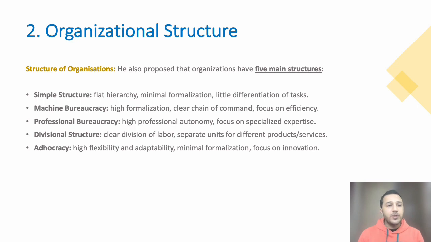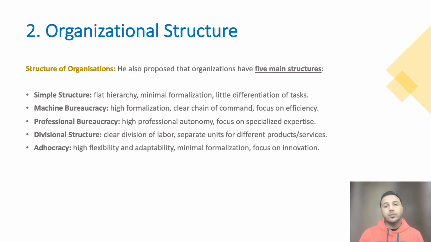Then we have professional bureaucracy, in which we rely on the professionals, be it doctors, lawyers, accountants, auditors, programmers, architects. So these are the organizations where there is greater autonomy given to the professional because of their expertise and their knowledge base.